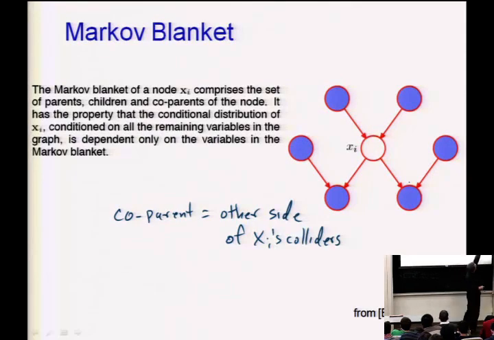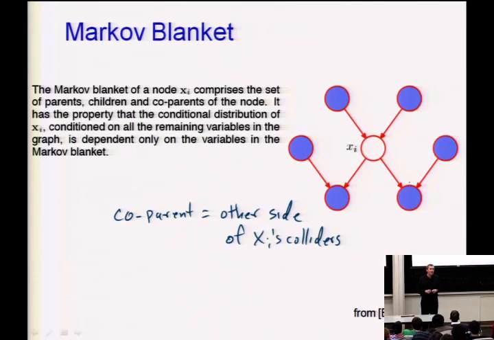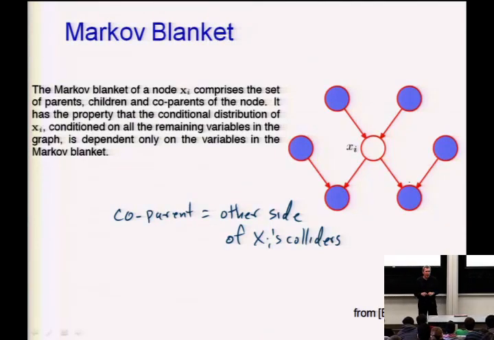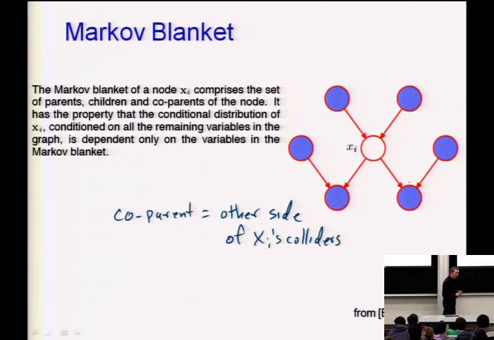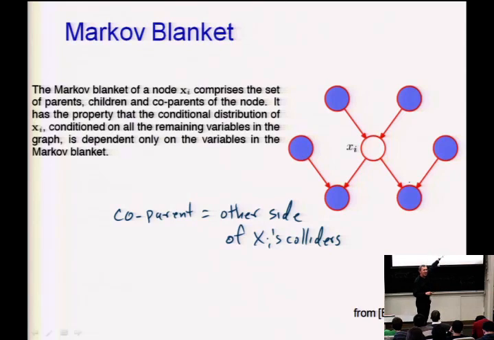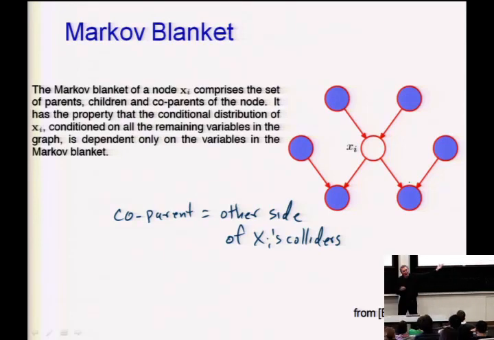Then you're going to want to know whether there's an earthquake in order to precisely estimate whether there's a break-in in your apartment. That's why the co-parents are needed. If there's a collider, you're not conditionally independent of the other parents of the collider given the collider, so you've got to actually see those parent values too.